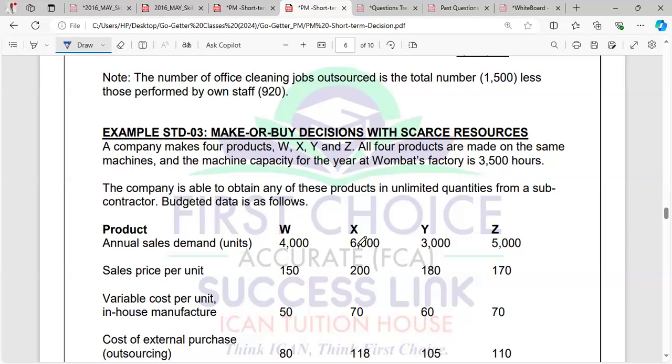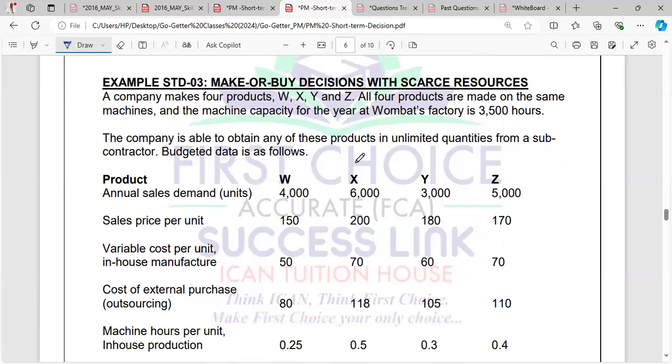Then you rank again, flipping it, how you will give it out. So you do the ones that you can do using your scarce resource, then you give it out based on the ranking for giving out. Then you calculate your costs, calculate your profit or your contribution.